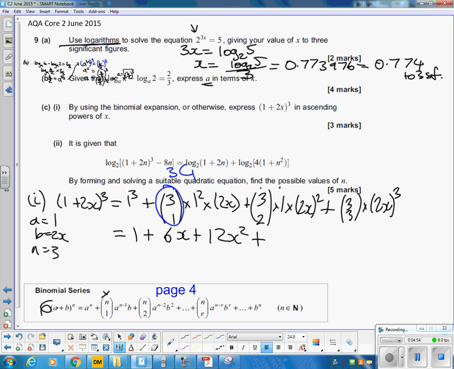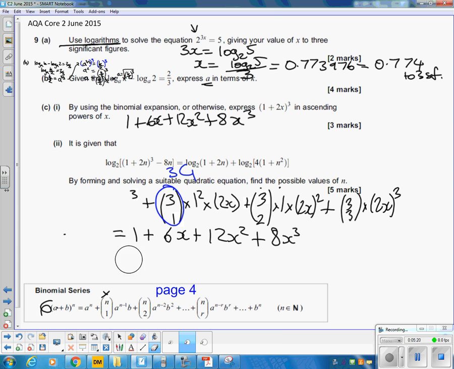Every time you get a plus, you stop and work out the next number. 3c3 is actually 1, and 2 cubed is 8, so plus 8x cubed. Okay, that was C part 1. So we've got as our answer 1 plus 6x plus 12x squared plus 8x cubed.